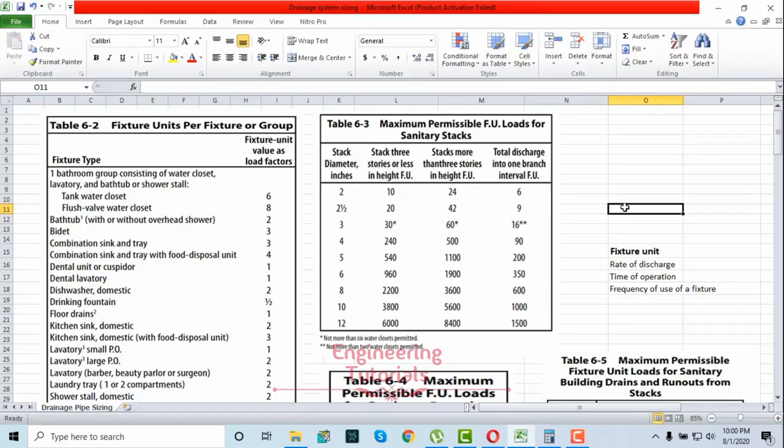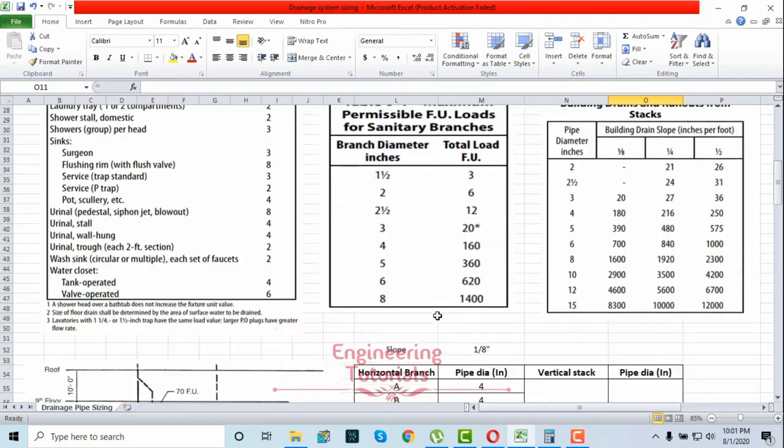These tables you have to get from the local authorities, because every region has its own codes and standards developed by them. For example, if you're working in the Gulf region like UAE, Saudi Arabia, Bahrain, Qatar, you have to follow their standards. This is an international standard which I have discussed in here.